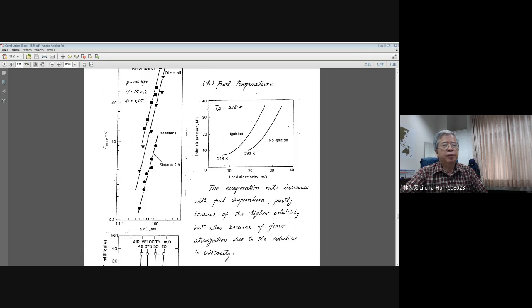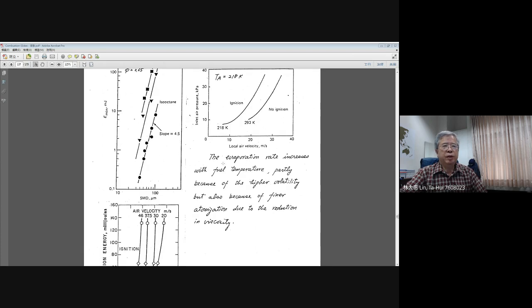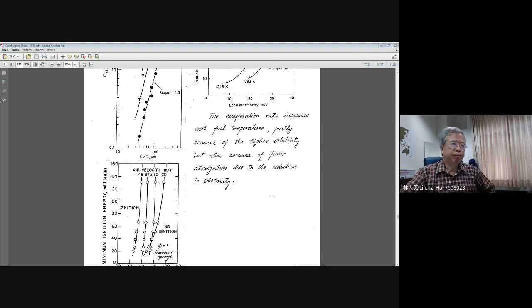If you have a lower fuel temperature, then it is hard to ignite. With a higher fuel temperature, it is easier to ignite. The evaporation rate increases with fuel temperature, partly because of higher volatility, but also because of finer atomization due to the reduction in viscosity.